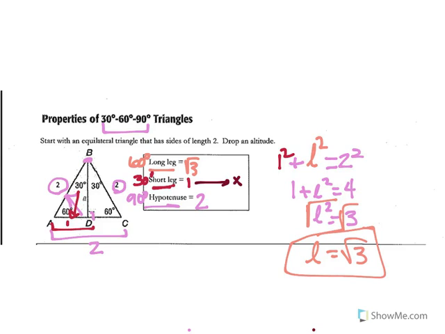Everything else is going to be in response to x. So they are both whatever the value of the side is, times x. So the hypotenuse is going to be 2x, and the long leg is radical 3 times x. So this is the pattern that we are going to use, and I'm going to rewrite this in a prettier form on the next slide.